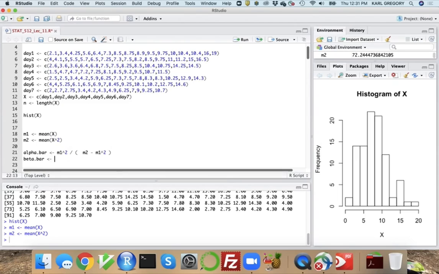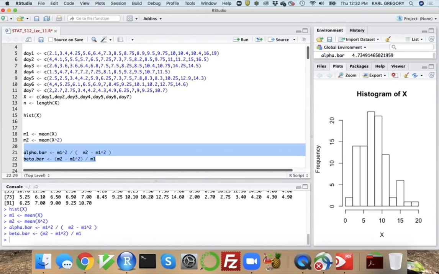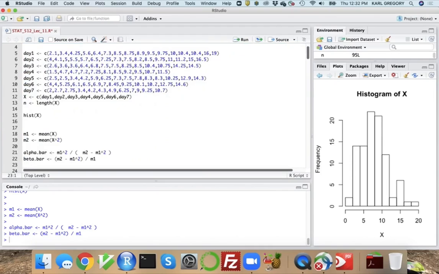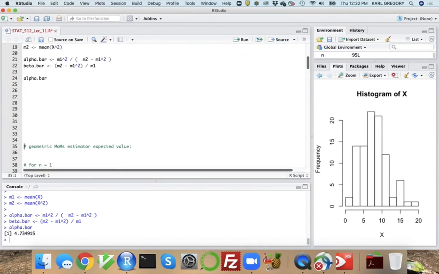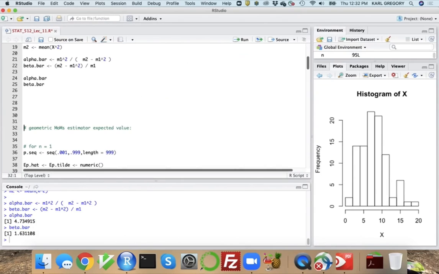And my beta bar was m2 minus m1 squared, all of that divided by m1. Okay, so I get the values alpha bar and beta bar.